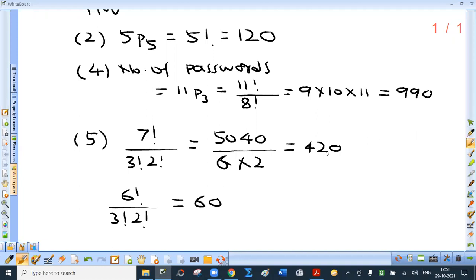Such numbers are not greater than a million.